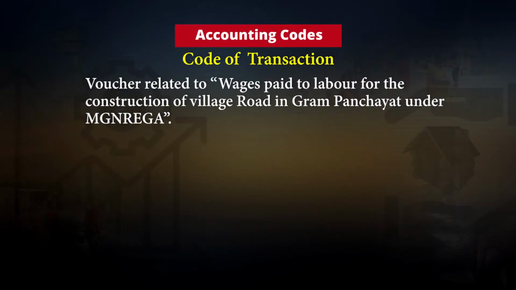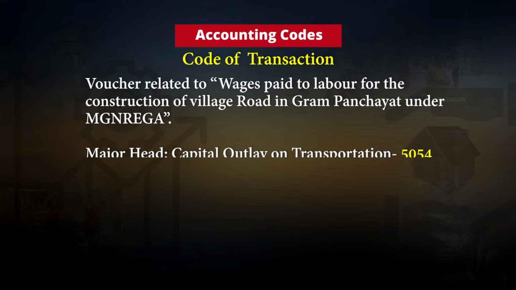Code of the transaction. For example, take a voucher related to wages paid to labor for the construction of a village road in a Gram Panchayat under MGNREGA. This transaction is codified as shown below. Major head, capital outlay on transportation, 5054.